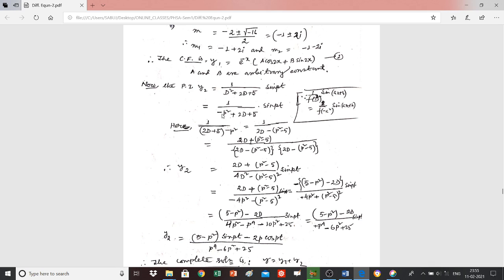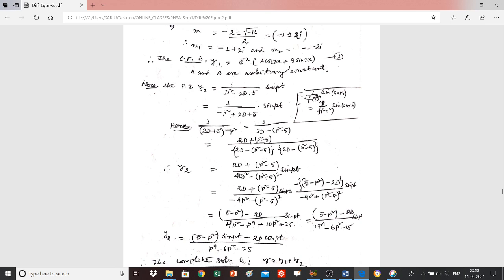So this is the required formula: 1 by minus b square plus 2D plus 5 sin bt. So here just write this term, 1 by 2D plus 5 minus b square, and from there you can write this as 2D plus b square minus 5, and then 2D minus b square minus 5, this one should be plus.